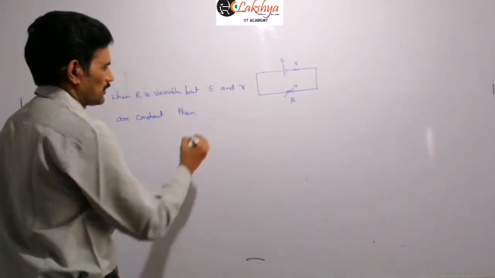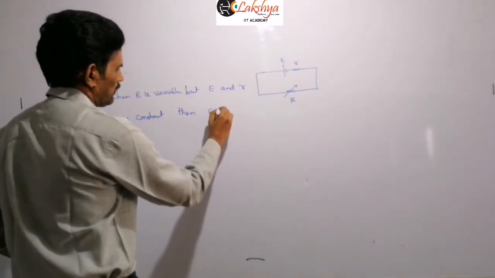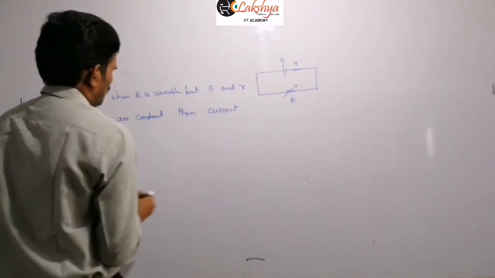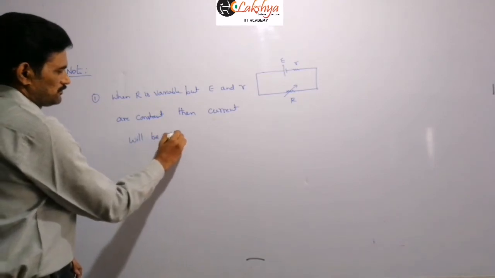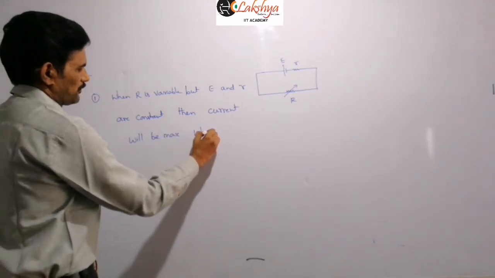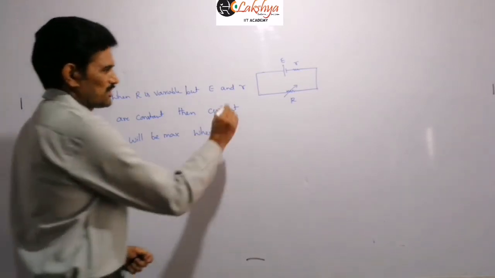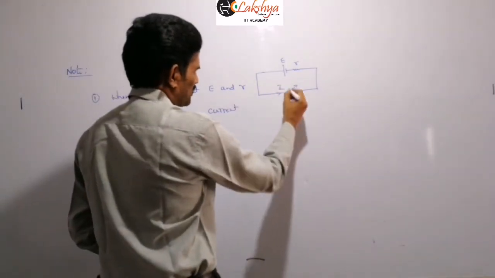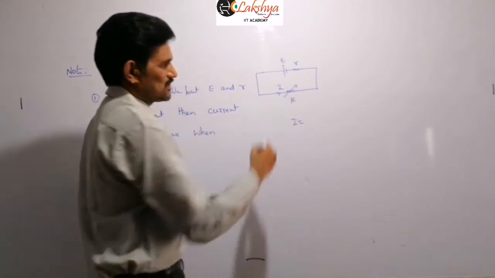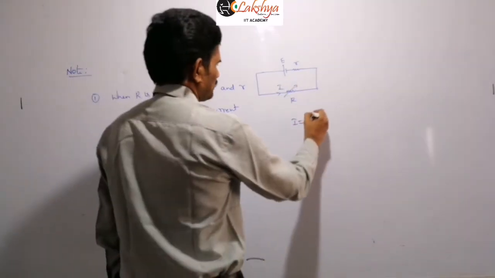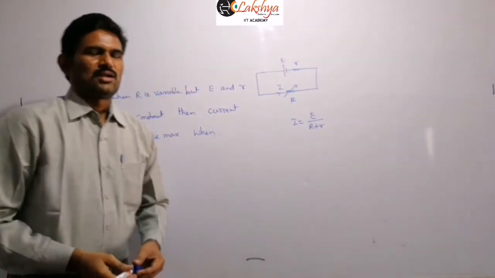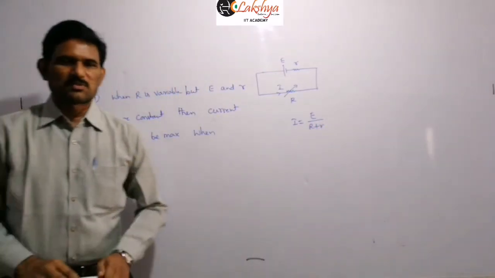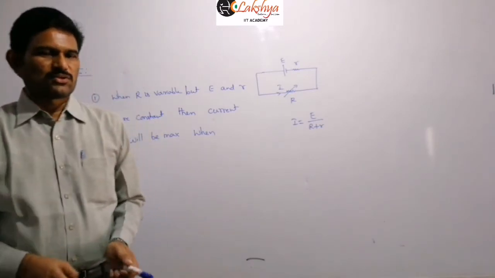Then the current will be maximum when, simply I will write the current expression here. From this we can answer. The current flowing in that circuit we can write as E by R plus r. Now can you say when this current becomes maximum? When capital R is variable, that you should note here.